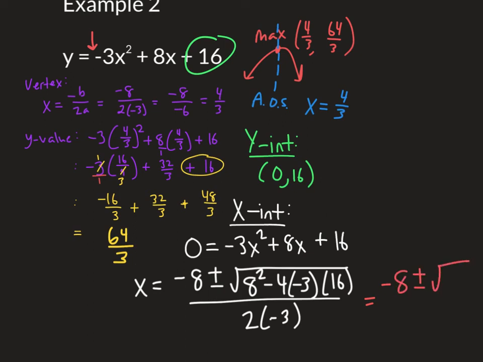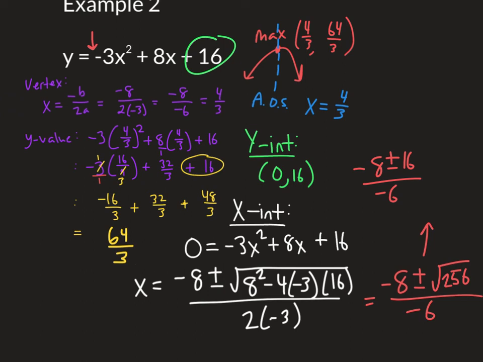So under that square root, that discriminant value, the 8 squared minus 4 times -3 times 16 is 256. Okay, and the whole thing's over -6. Now the square root of 256 is 16. Okay, so I'm going to work this way here where I have some room. So -8 plus or minus 16 all over -6.